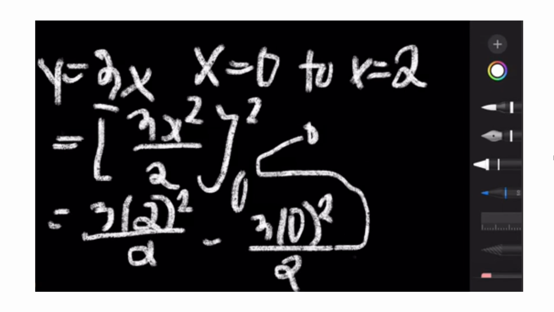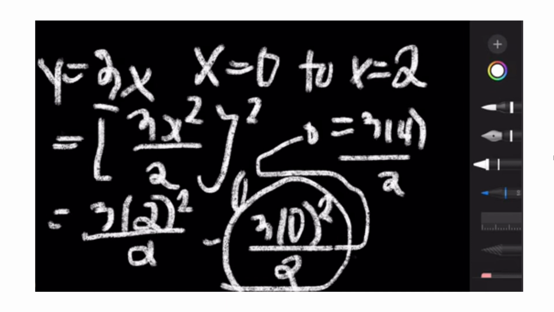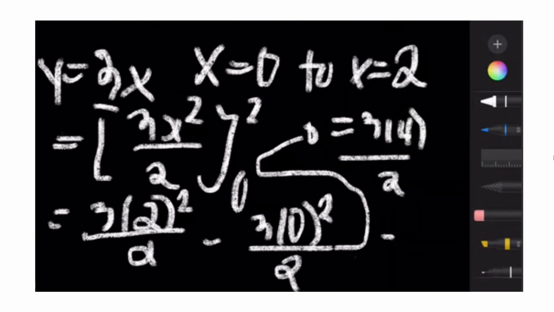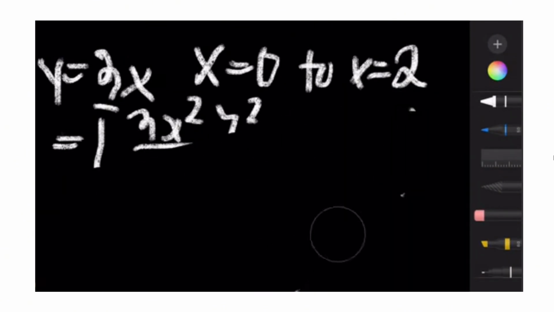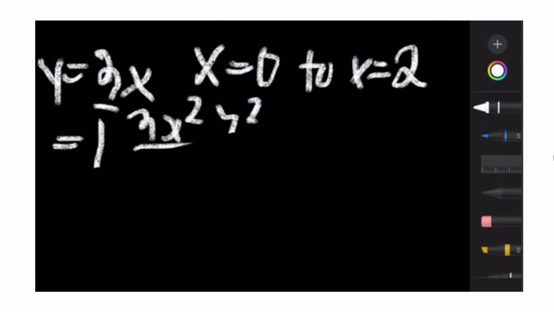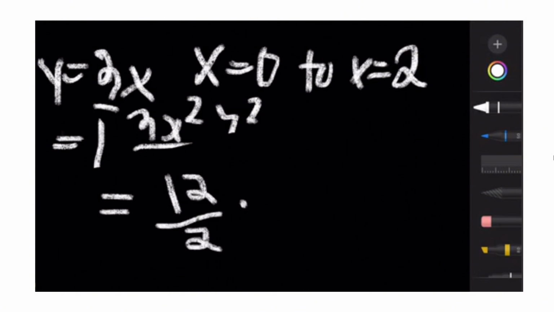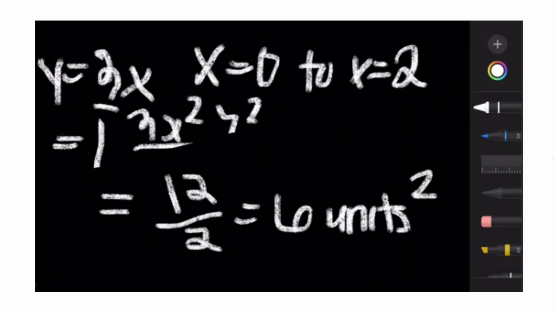So we can see that this will become 3 times 4 over 2, since this will be 0. To simplify, we'll have the value 12 over 2, or simply 6 units squared.